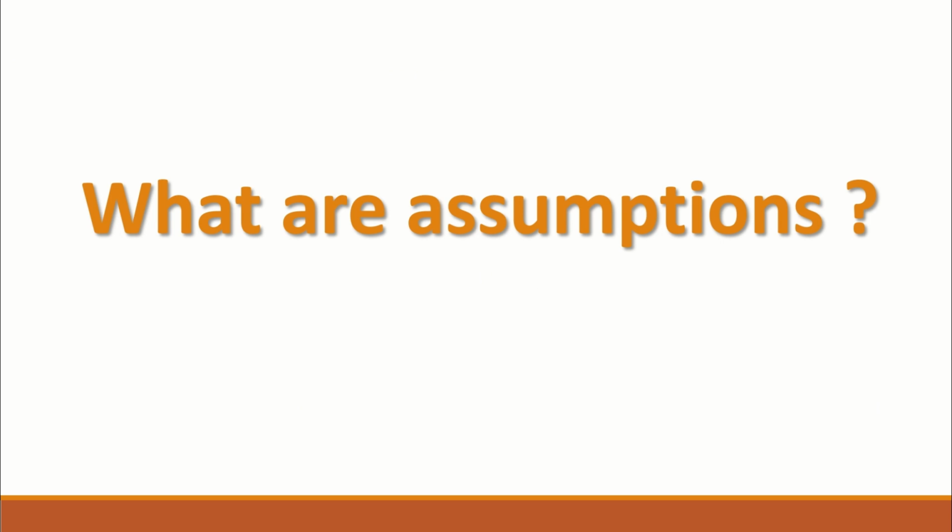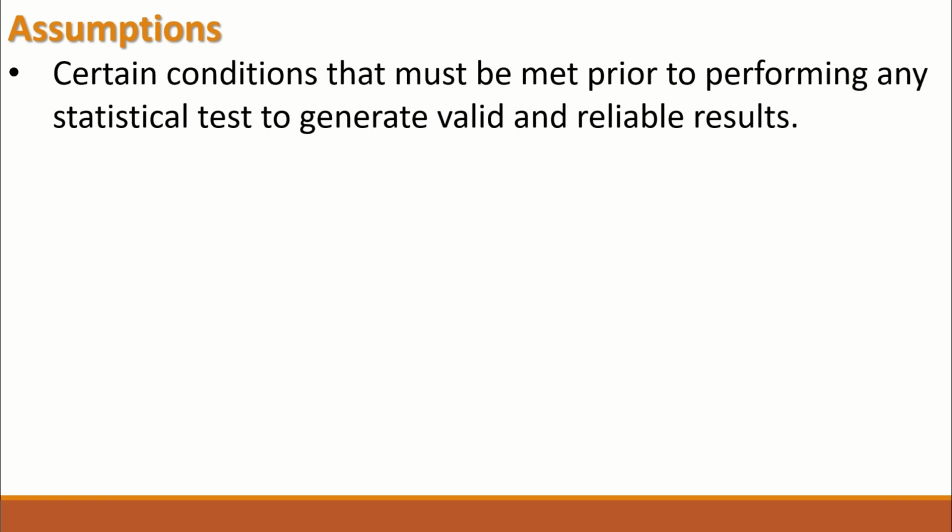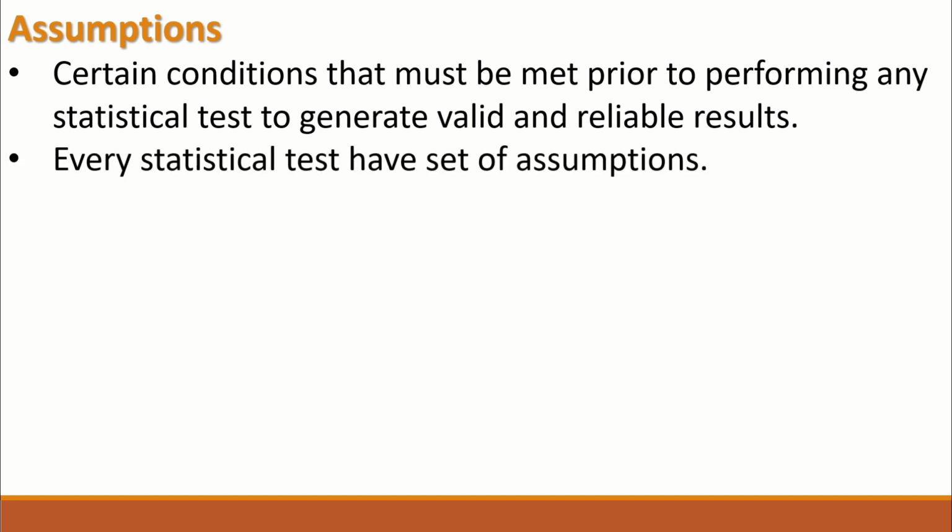So what are the assumptions that have to be fulfilled prior to performing the chi-square statistical test? Assumptions are certain conditions or criteria or characteristics about the data that have to be met prior to performing any statistical test to generate valid and reliable results.